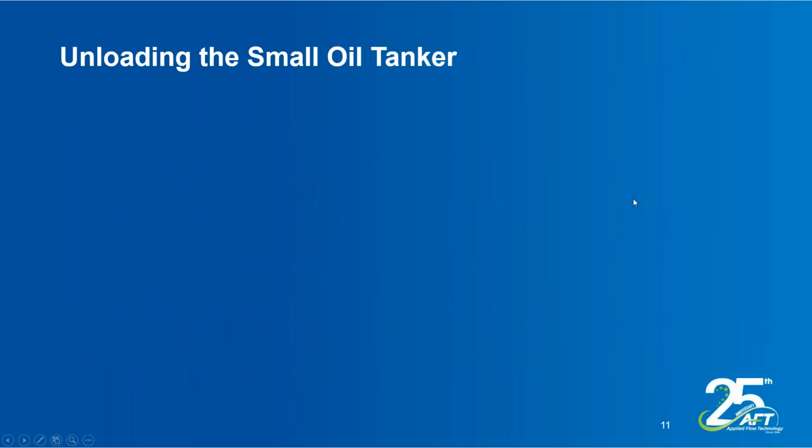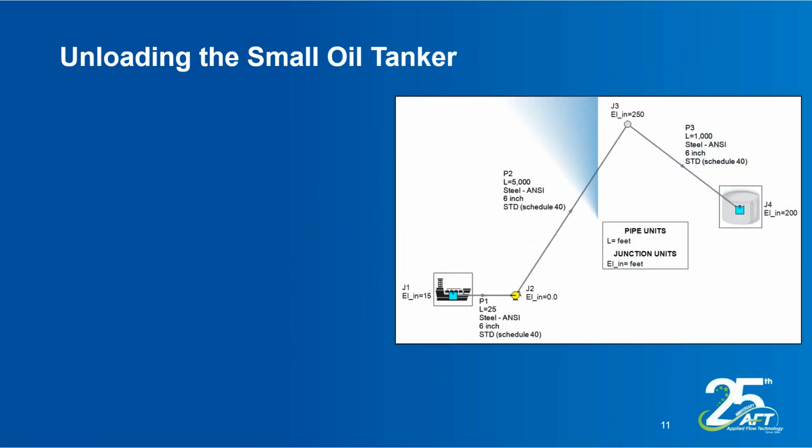Now I'm going to apply this to the oil tanker in Fathom. Here's my system. When I modeled this in Fathom, I built the model just like it was in the textbook. And as you can see here, I did assume an elevation of this high point.